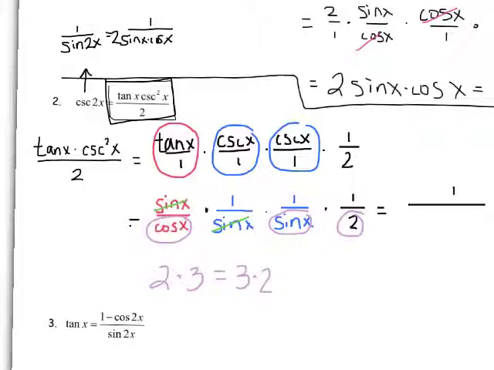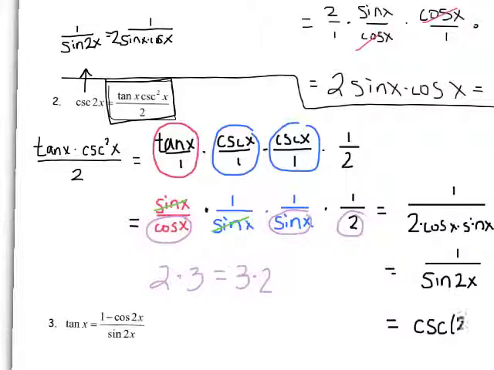So I'm just going to write it in the order that we wrote it up here. Hopefully it's sounding familiar: 2 first, sine, and then cosine. This isn't really a necessary step, but it's just so that you can see it a little bit clearer. And so that does indeed make sine of 2x in the denominator. And if sine of 2x is in the denominator, then you could say that's cosecant of 2x.